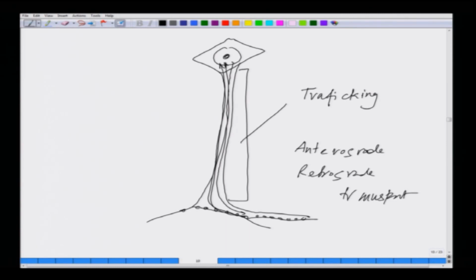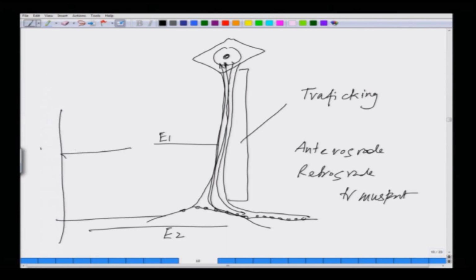As I have already told you, you can study them by putting an electrode out here and putting an electrode at the other terminal. If you give a stimulus at E1, if this is E1 and this is E2, then just with a slight gap you will see a signal at electrode E2.